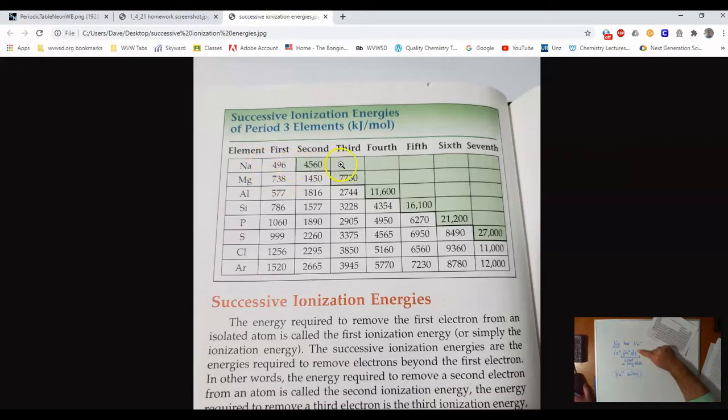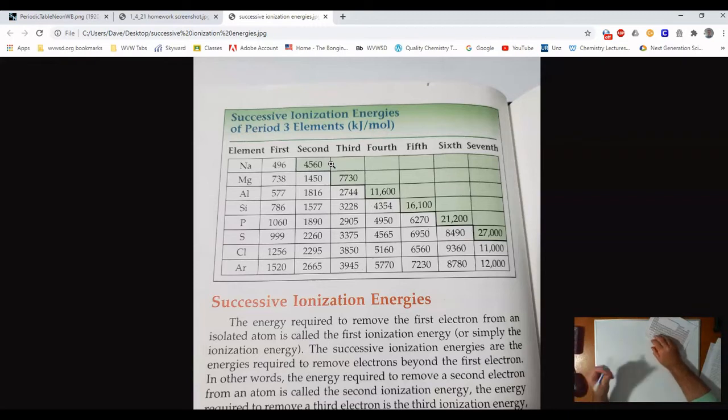The second one, one of these 2p electrons, requires 10 times that amount of energy to remove. The reason that second ionization energy is so high is because you're now trying to remove an electron which is part of an octet. That's why the second ionization energy is so large.